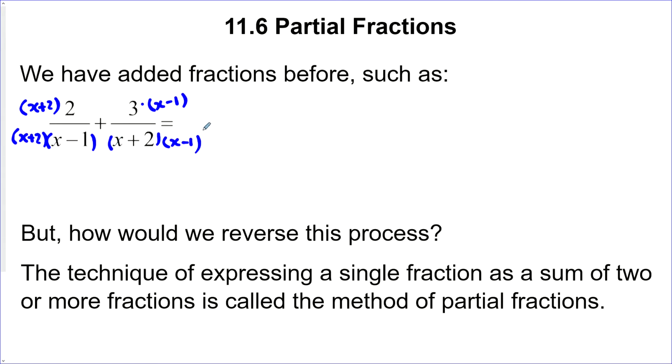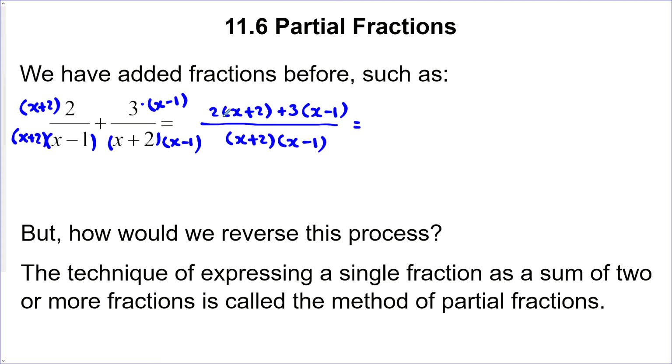So in the numerator here, we have 2 times x plus 2 and 3 times x minus 1. In the denominator, we have these two binomials, x plus 2, x minus 1. And really, we don't care about multiplying these together. You can if there's a reason to do that. Otherwise, it's fine leaving them like this.